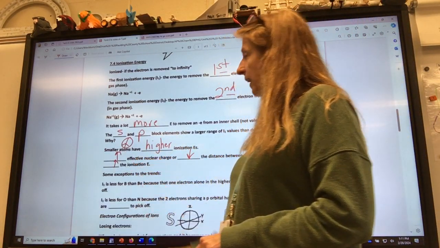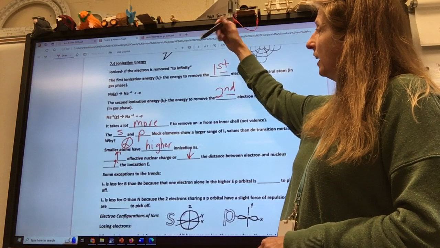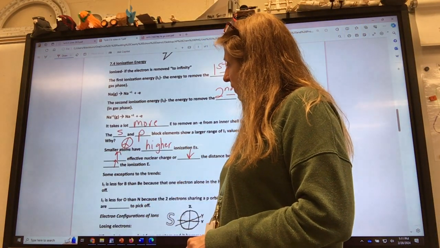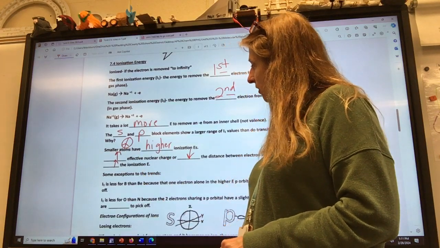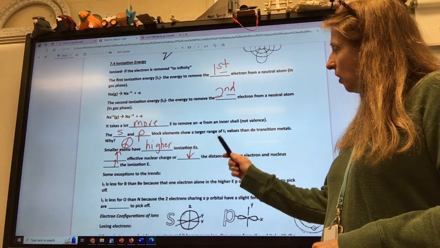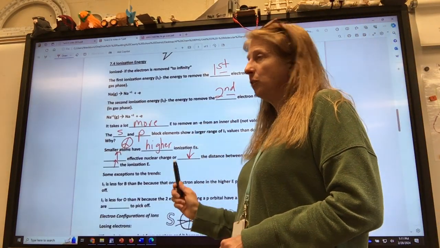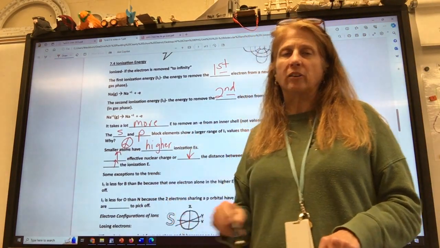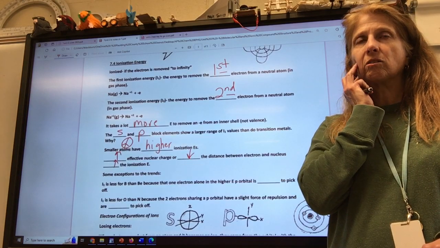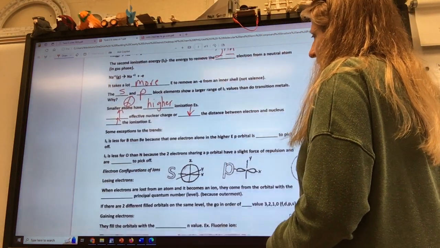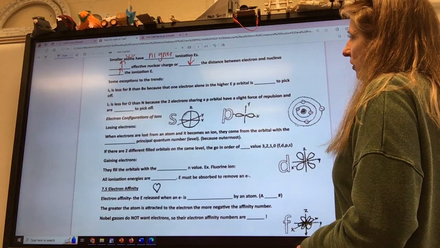So to increase the energy needed to take off an electron, what would do that is having a higher effective nuclear charge, or having them closer to the nucleus also makes them harder to get. So that's just sort of following some of these ideas and applying them. Now there are some exceptions, of course there are.